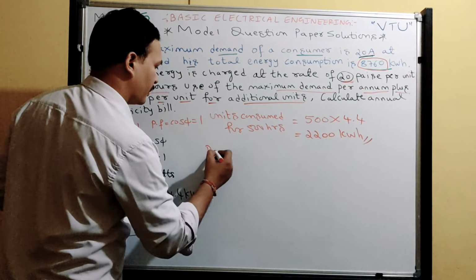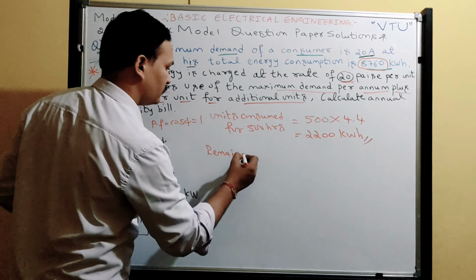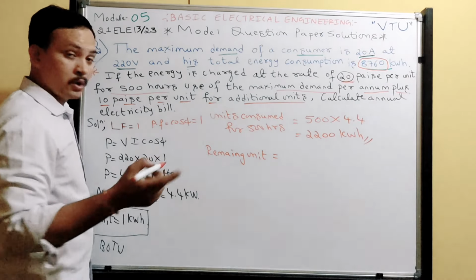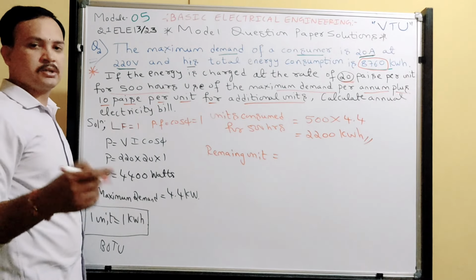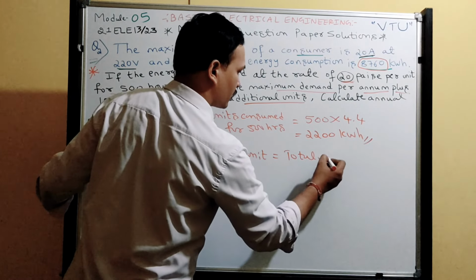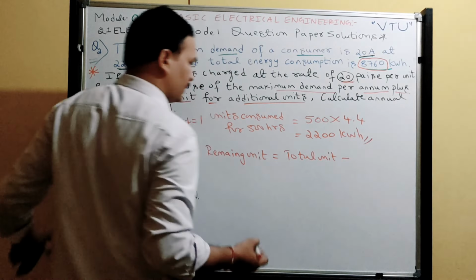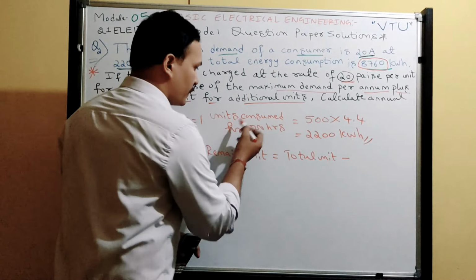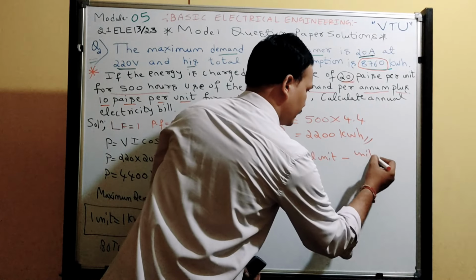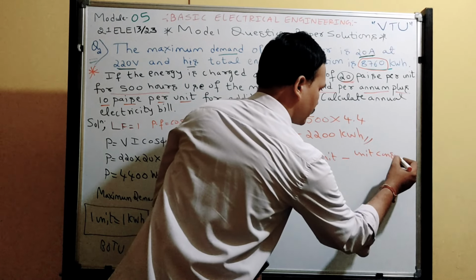Now look here. What are the remaining units? The remaining units are the total energy consumption minus the units consumed for 500 hours.